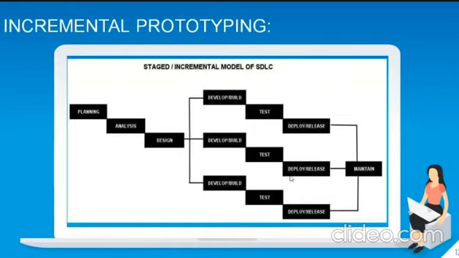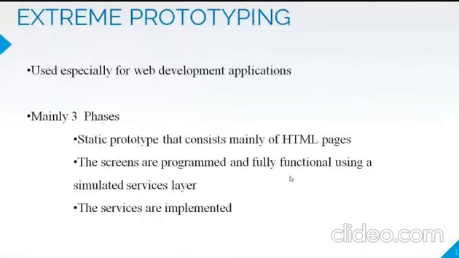Clear? And the last sort of prototyping is extreme prototyping, which is majorly used in web applications. Basically it has three phases. The first one is a static prototype, which mainly consists of HTML pages. And those HTML pages are made fully functional using service layers, and these services are then implemented.